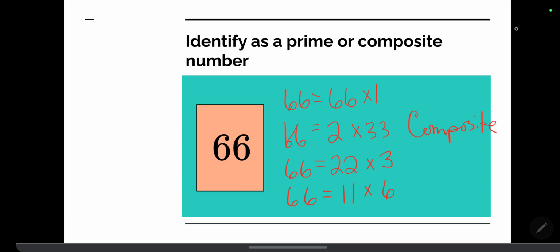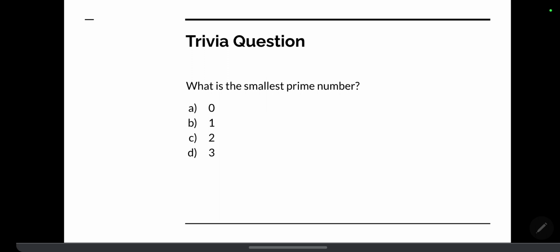All righty. Okay, so if you were following me on Facebook earlier this week, I posted this trivia question. What is the smallest prime number? Now I got some ones and I got some twos, so let's break this down by definition. So a prime number has exactly two factors. Exactly two factors. Okay?